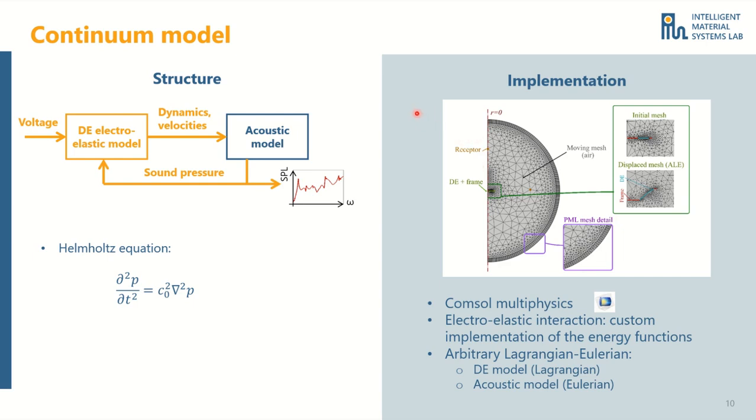Now, continuum mechanics are formulated in a Lagrangian fashion, using the material point coordinates in the flat and deformed configuration. Helmholtz equation, in contrast, is formulated in an Eulerian fashion, using current spatial coordinates. It is then very important to couple the two domains consistently. We did so by using moving meshes and an arbitrary Lagrangian Eulerian scheme.